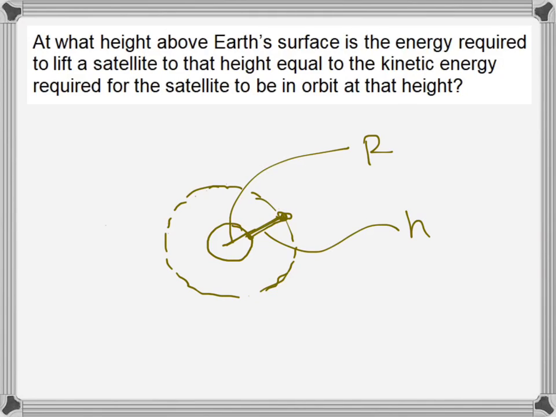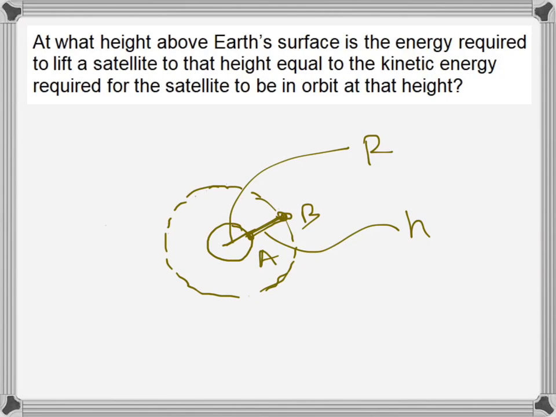So we have to first find the energy required to lift the satellite from, let's say, Earth's surface, point A, to point B, where the satellite will be orbiting around the Earth.